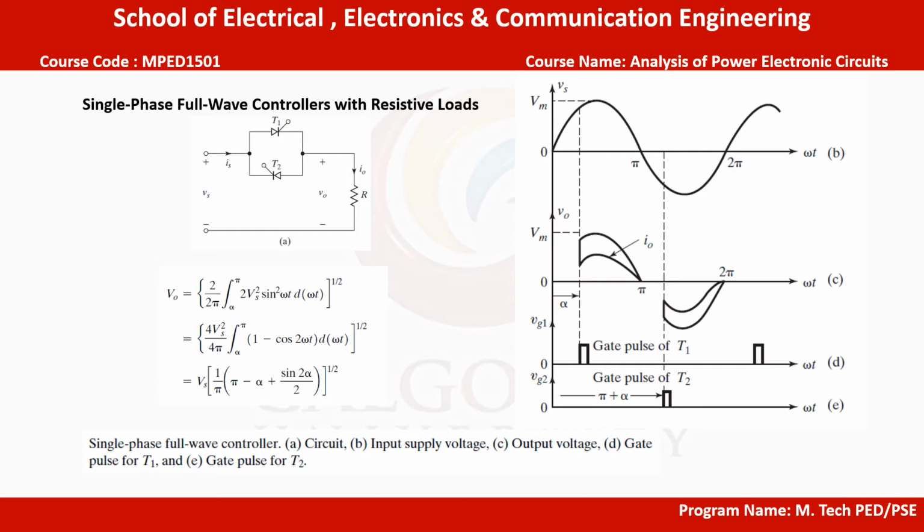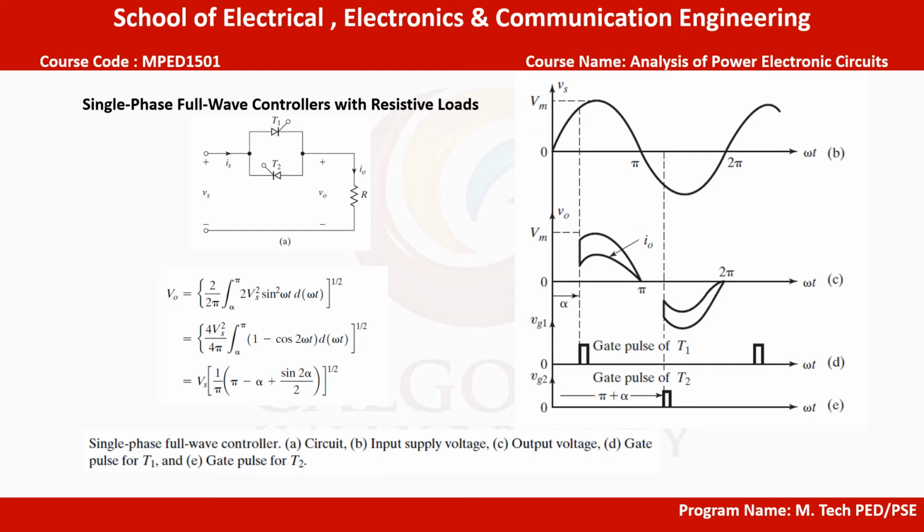If vs = √2 Vs sin ωt is the input voltage, and the delay angles of thyristors T1 and T2 are equal, that is α1 = α2 = α, the RMS value of the output voltage can be found from the given equation.